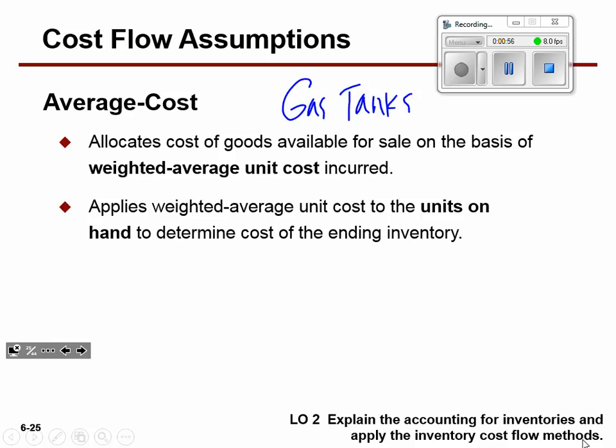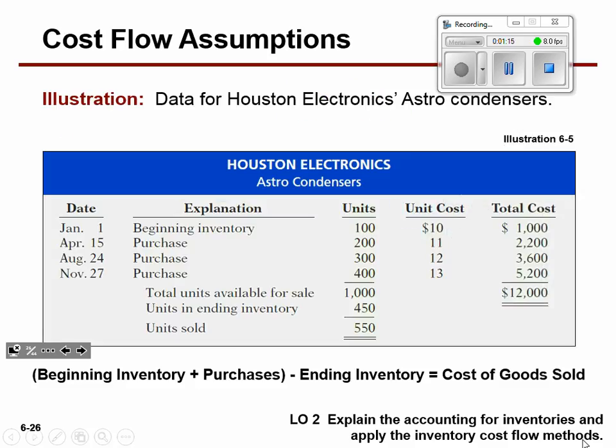Let's just take a look at what we had available and how much it cost. So instead of itemizing the purchases and looking at our costs increasing, let's just average all of it. I want you to think of gas tanks when you think of this.